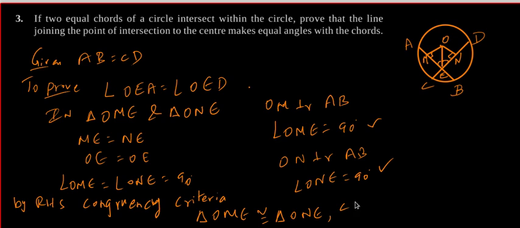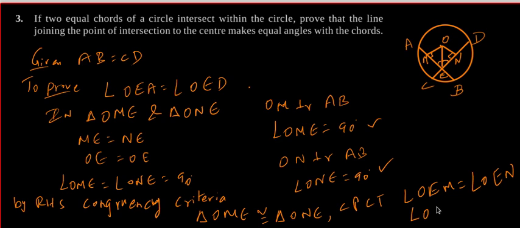By corresponding parts of congruent triangles, we can say angle OEM equal to angle OEN. We need to prove OEA equal to OED. Angle OEM is the same thing as OEA, so instead of OEM, we can extend up to A also.